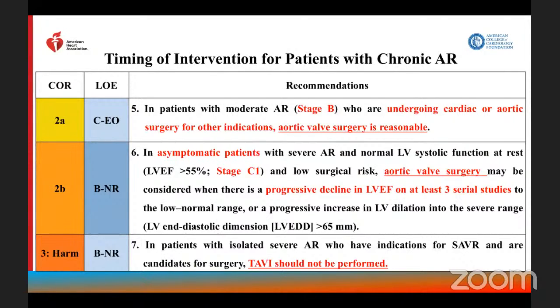It's a class 2A C. In an asymptomatic patient with severe aortic regurg and normal left ventricle systolic function at rest, stage C1 and low surgical risk, AVR may be considered when there is a progressive decline in the left ventricle ejection fraction on at least 3 serial studies to the low normal range, or a progressive increase in the left ventricle dilatation into the severe range. Left end diastolic dimension is going to be more than 65. This is a class 2B level B. In patients with isolated severe aortic regurg who have an indication for surgical AVR and are candidates for surgery, TAVI is class 3.